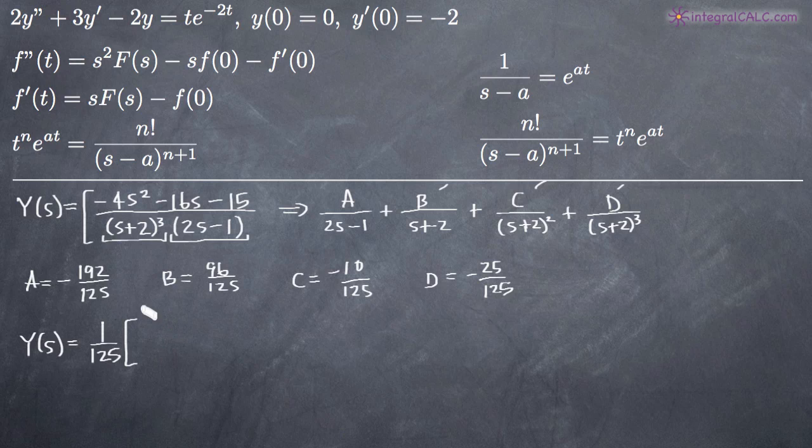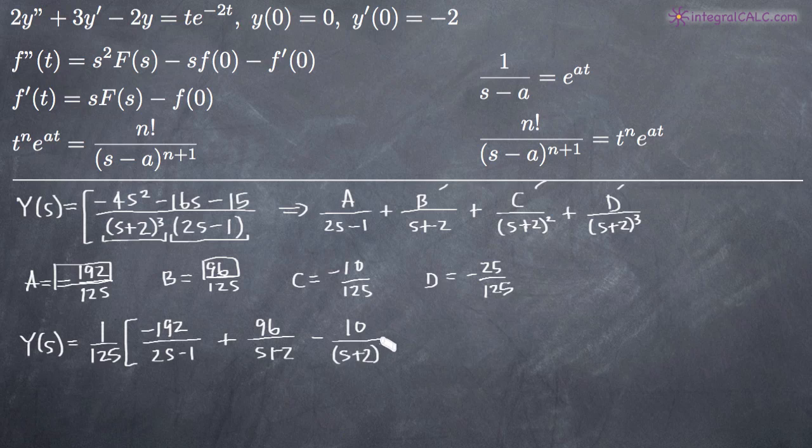And now we'll just go ahead and plug in the numerators of all of these fractions, so negative 192, positive 96, etc. So we'll get negative 192 over 2s minus 1 plus 96 over s plus 2. C is a negative 10, so we'll get minus 10 over s plus 2 squared, and then D was a negative 25, so minus 25 over the quantity s plus 2 cubed.